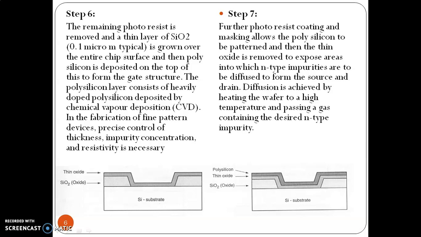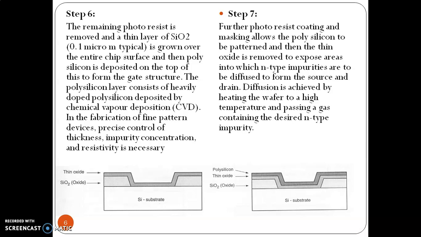Then you will go for diffusing the impurities. The area where the gate region has to be formed is patterned using a suitable mask, so the gate region is formed. After this, N-type impurities are diffused to form source and drain.